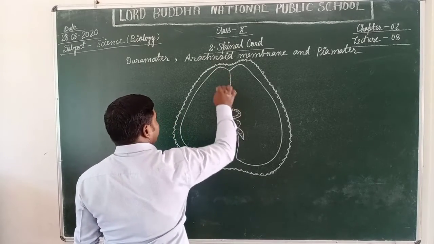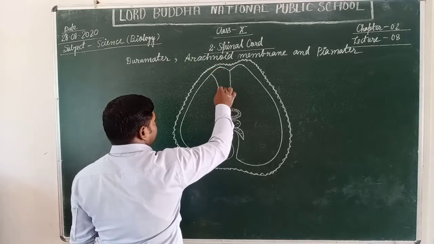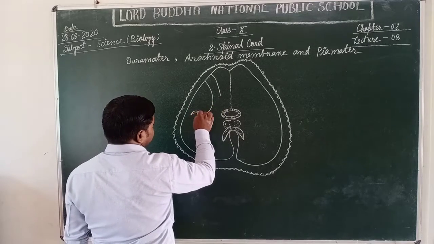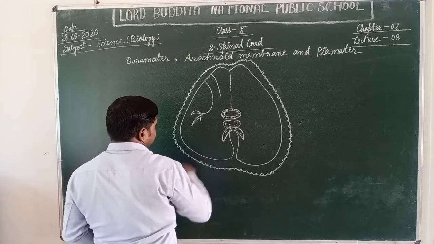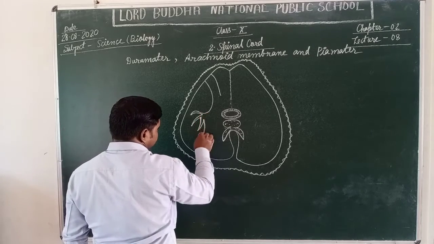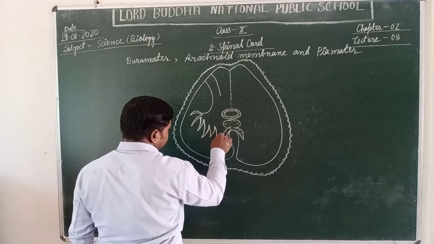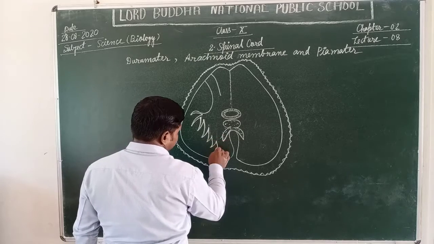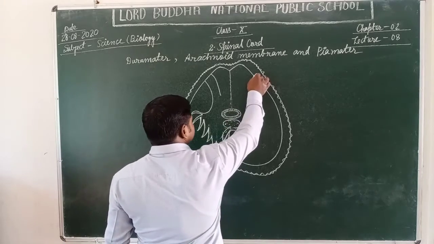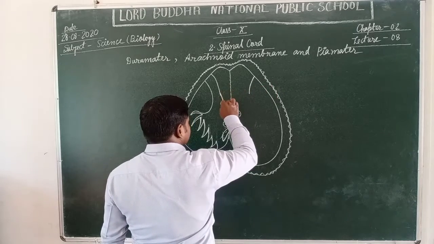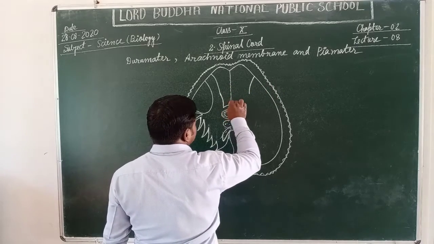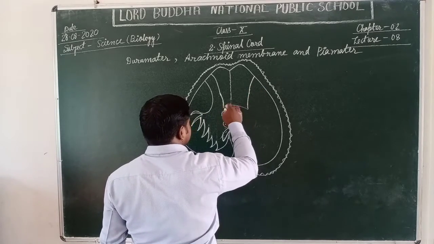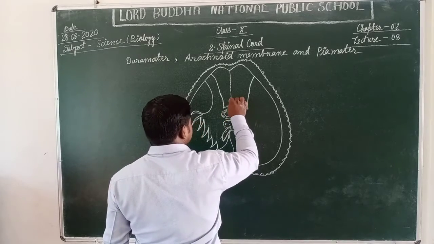This is the dorsolateral horn. Both dorsolateral horns are merged with one another at the region where the dorsal septum gets fused.